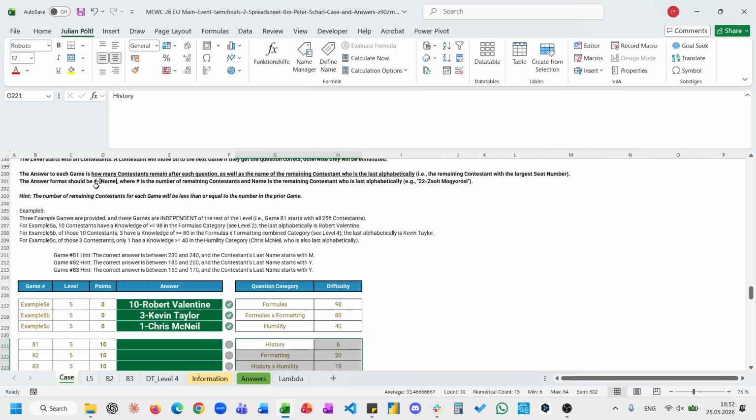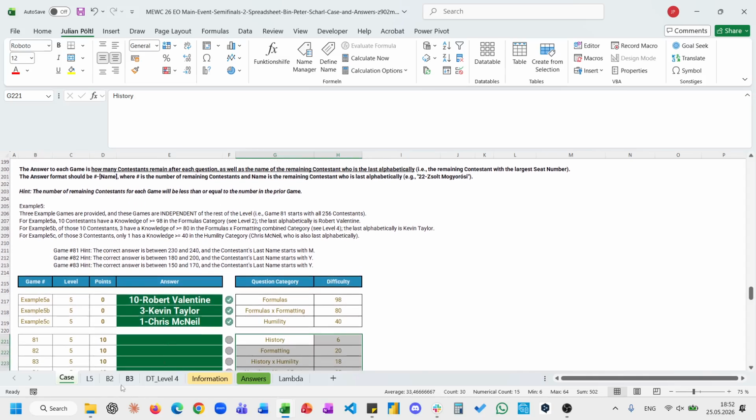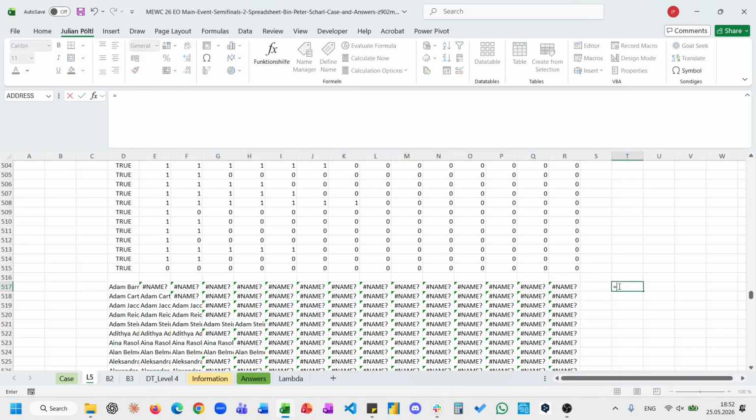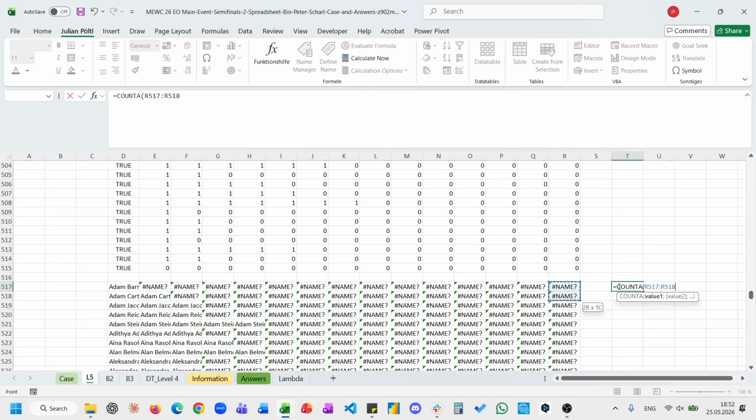And then I can simply say, okay, how many are remaining, because we should answer here with the hashtag and the name of the last alphabetical remaining contestant. And I did this by, is this COUNTA?